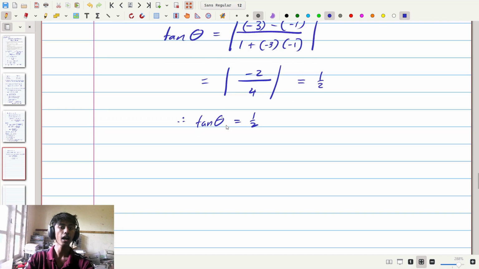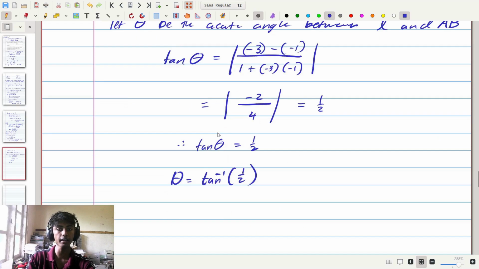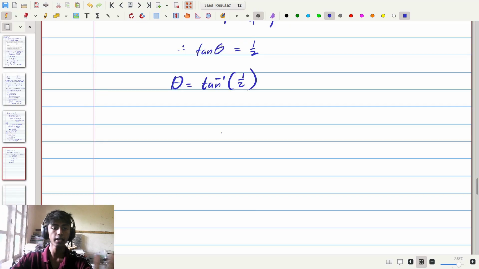Now with this, I can directly say that theta is equal to tan inverse of 1 over 2. How can I say this? I can say this since theta is an acute angle. If the tangent of theta is equal to, let's say, x, then theta would be equal to tan inverse of x.